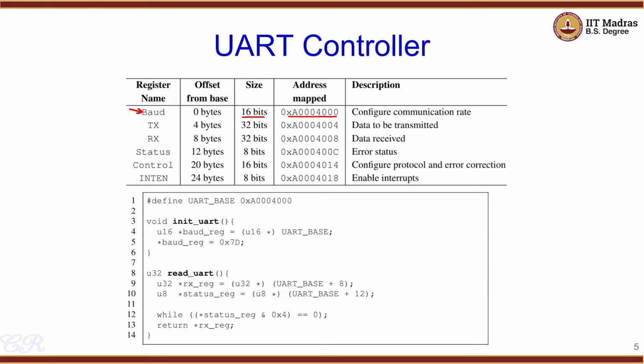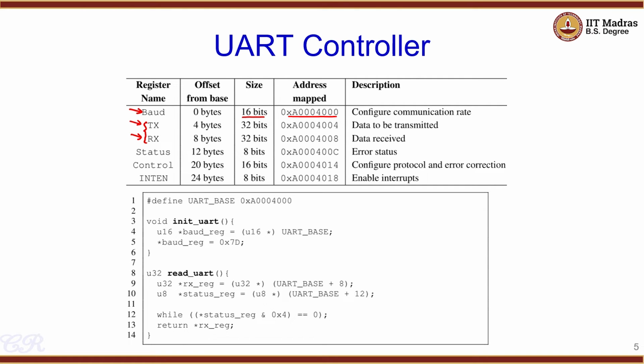So, setting a value appropriately in this register can be used by the operating system to configure the speed at which the UART can communicate. Now, there are two more registers, TX and RX, which are actually important for us.